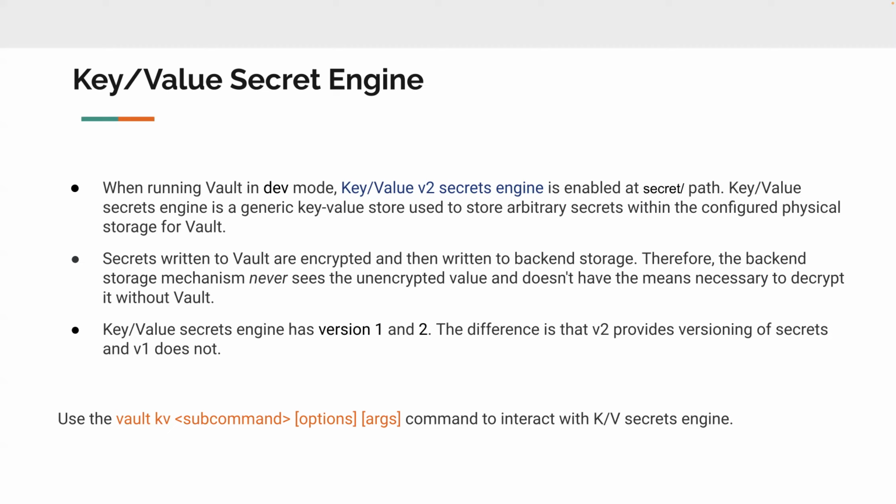and version 2. The generic difference between these two versions is that in version 2 you would have versioning of the secrets. So let's suppose at a timestamp A you have put a value of x, and then you have updated it after some time to w.